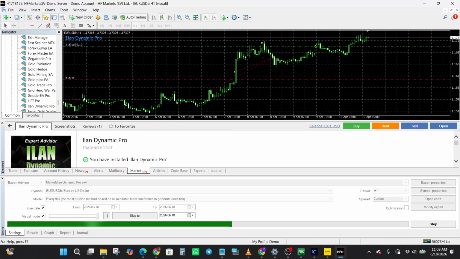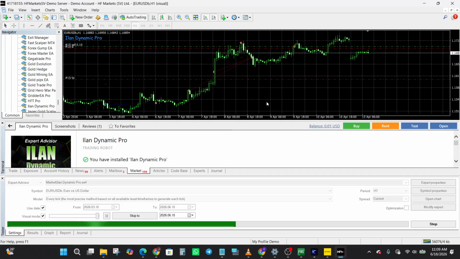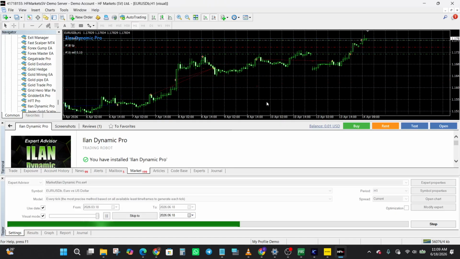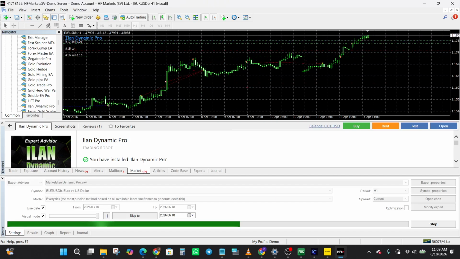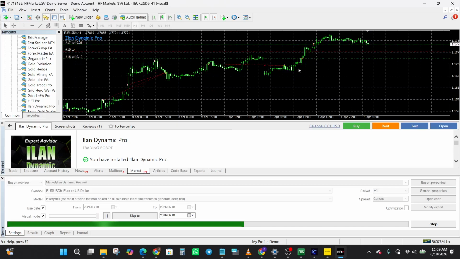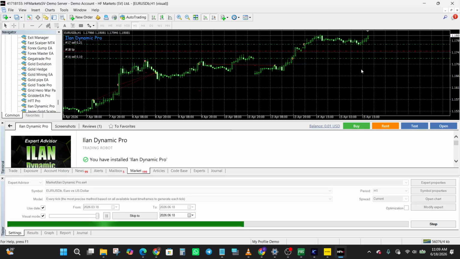So this EA offers a flexible averaging based framework with dynamic parameter adaptation, automatic and manual lot sizing options, configurable risk controls, and trailing stop functionality, as we have observed here on the backtesting chart.